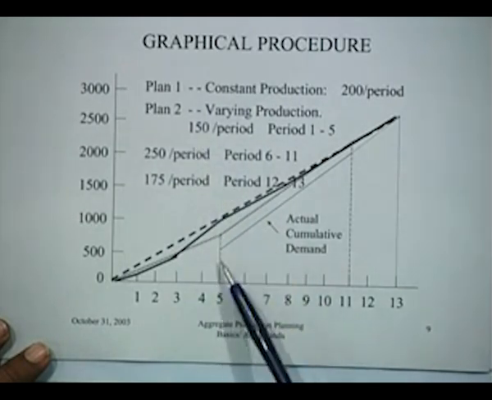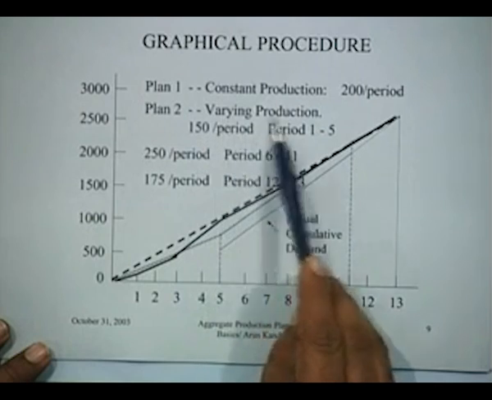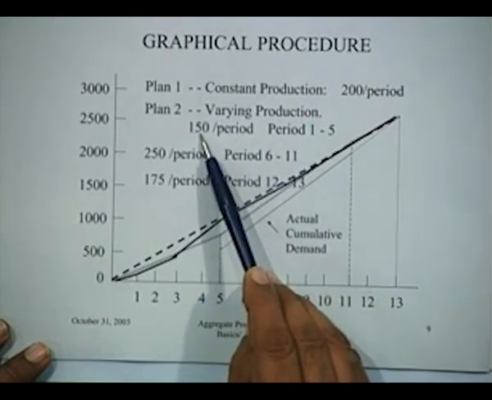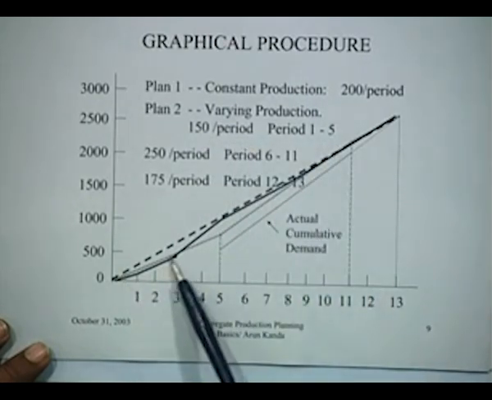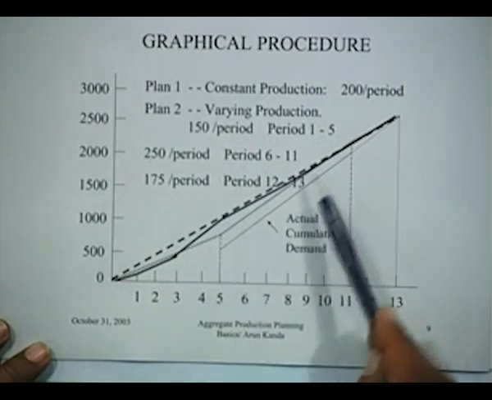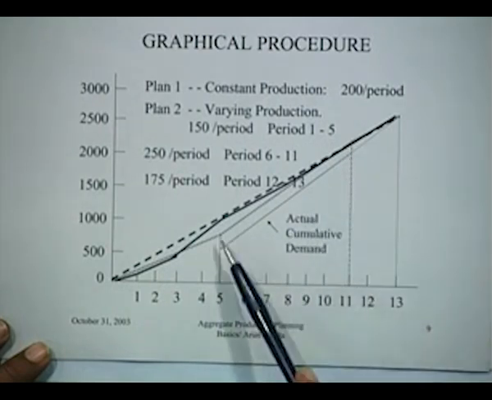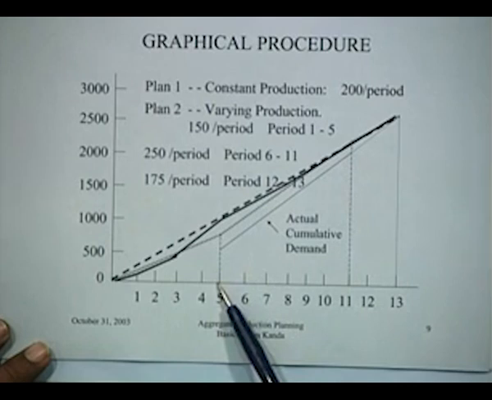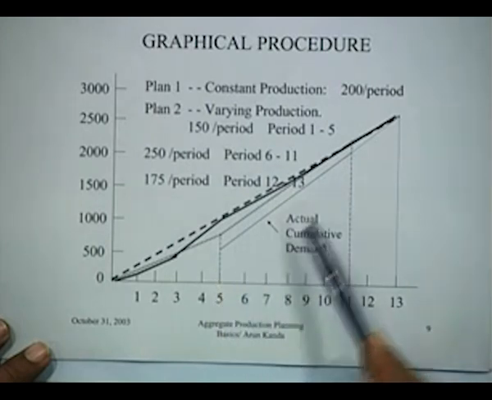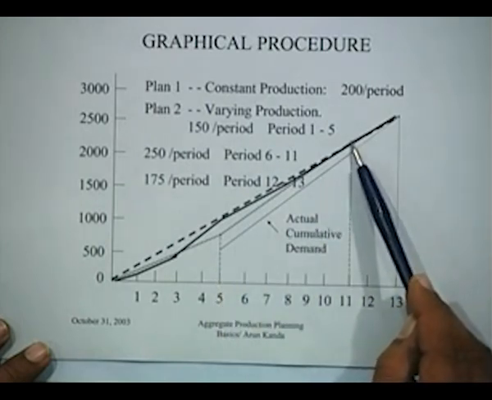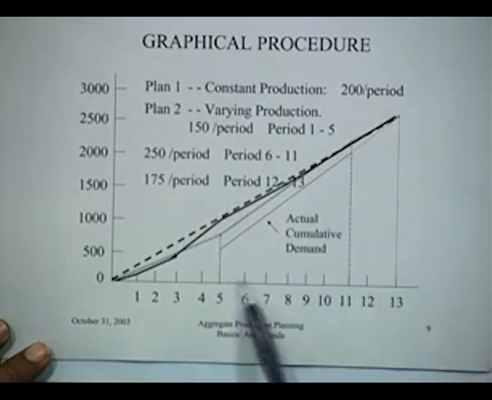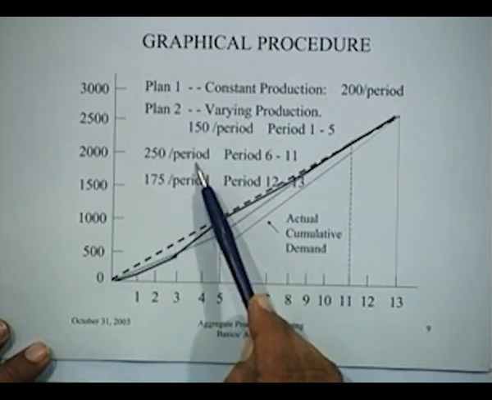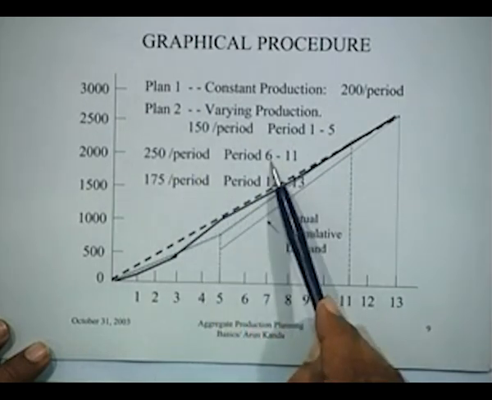So, the policy is that you keep the production level at a rate of 150 per period during the periods from 1 to 5. So, you get this lower dotted line up to here. Then you look at the 5th period to the 11th period, calculate what the cumulative demand is, and divide this by the total number of periods, and you get 250 per period, which is what you produce during periods 6 to 11.